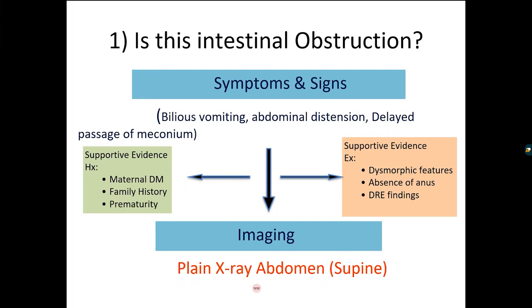Instead, most of them resort to ultrasound scans, which is not a very useful or helpful investigation in confirming the diagnosis of intestinal obstruction. All we need to do is a plain X-ray of the abdomen, supine. So with the classic history or symptoms and signs, and a suggestive plain X-ray abdomen supine, the diagnosis of intestinal obstruction will be confirmed.